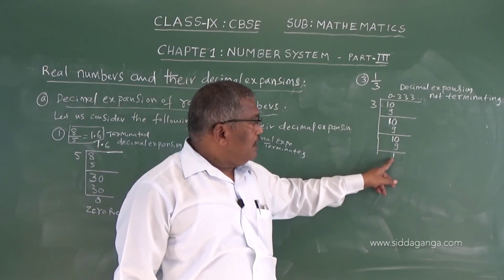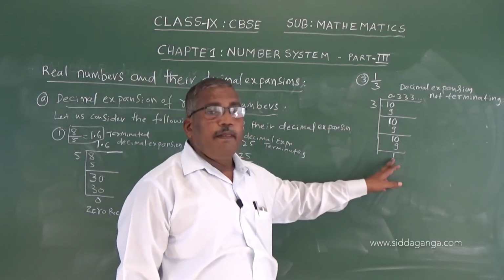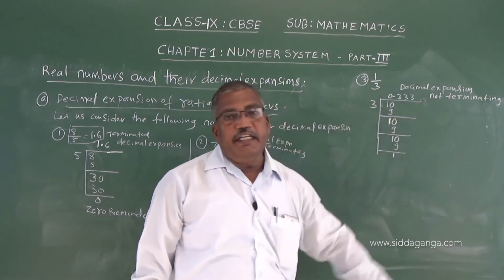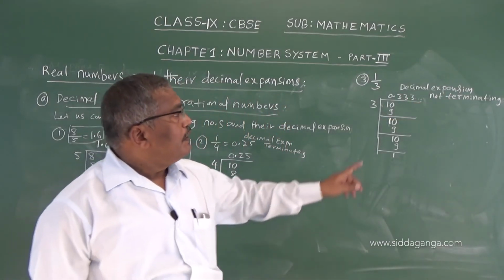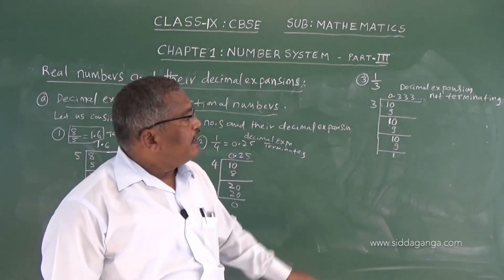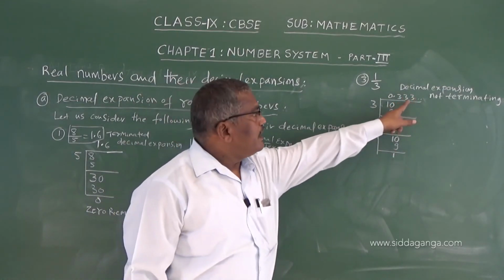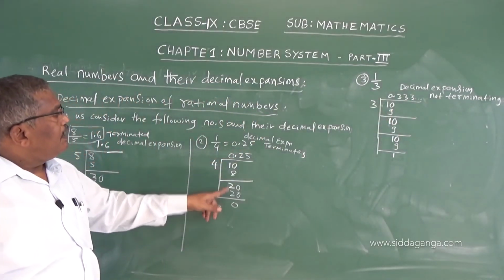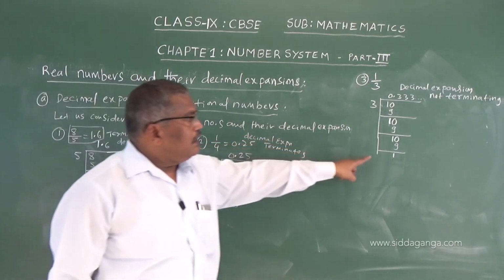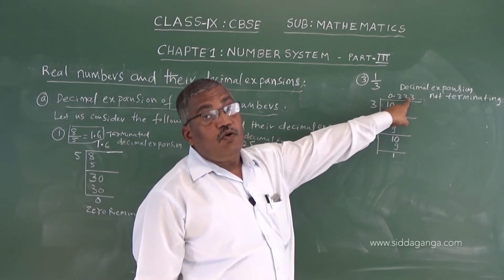The decimal expansion is not terminating, and also the digits are repeating. So we say it is non-terminating repeating. When the remainder is 0, the decimal expansion is terminated. Here it is a non-terminating division process, and we are getting a repeating quotient.